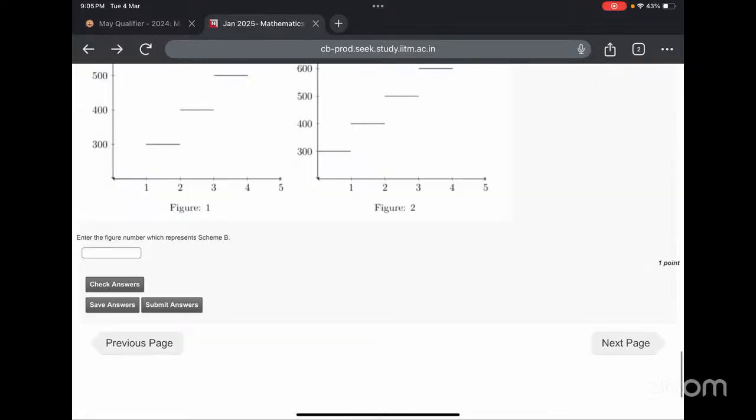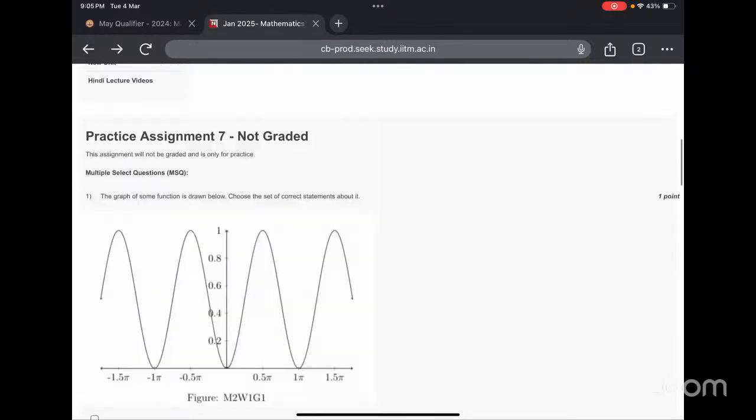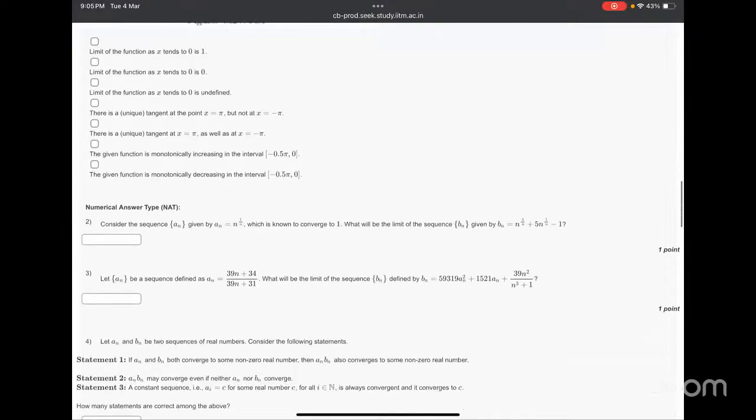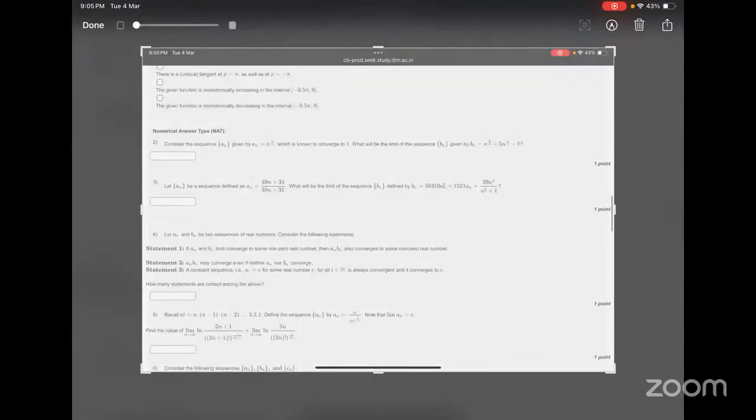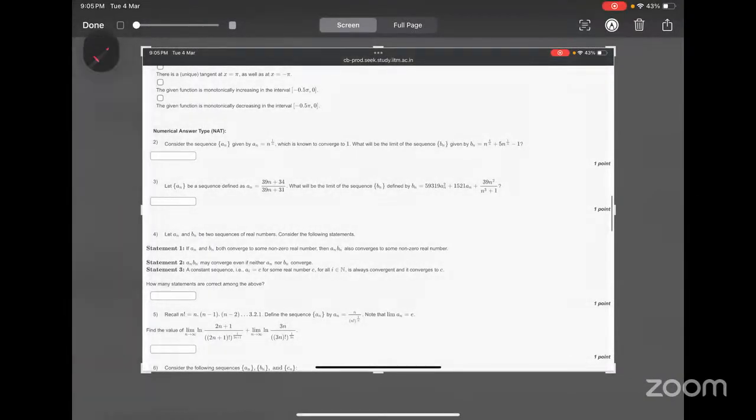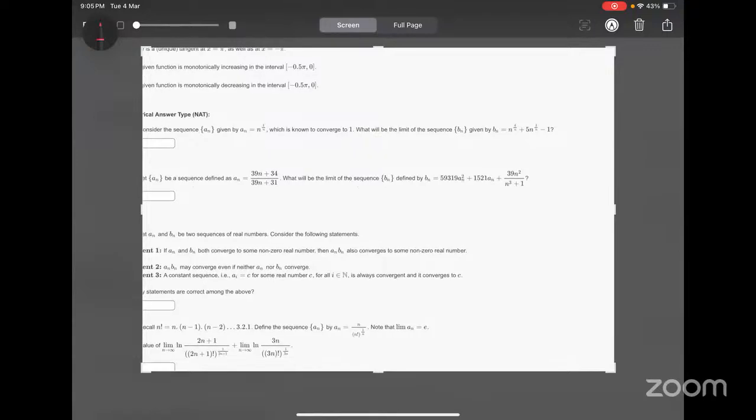The second question I did not do, but the third one I tried, and I will tell you my procedure, madam. What is the limit of n first? Take n outside, so it will be 39 by 39, which is 1.